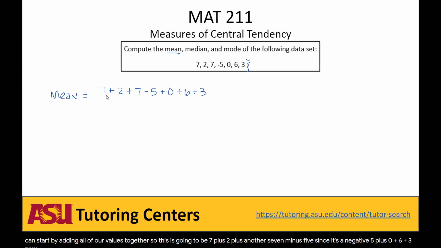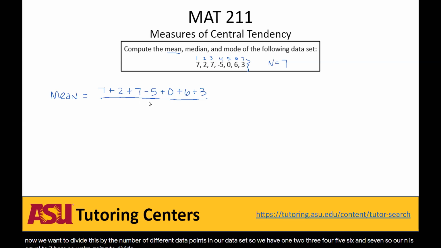Now we want to divide this by the number of different data points in our data set. So we have 1, 2, 3, 4, 5, 6, and 7. So our n is equal to 7 here. So we're going to divide this by 7.